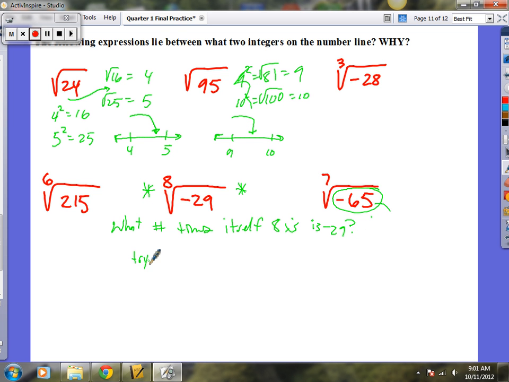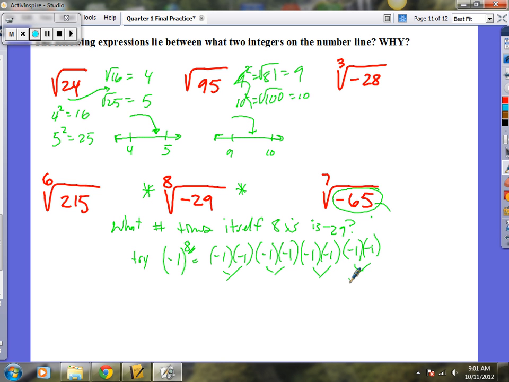I know a negative 1 times itself 8 times. Now here's the question. It's 8 times. So it's going to be a negative 1 times a negative 1. That's always a positive. And there's always going to be a pair. There's 4 of them. There's 6 of them. There's 8 of them. So I know it's going to be paired off evenly. There's not going to be any left over. So my answer is going to be a positive 1.